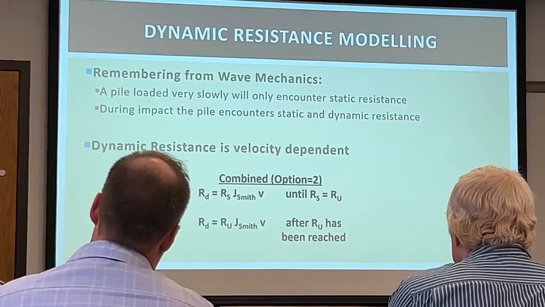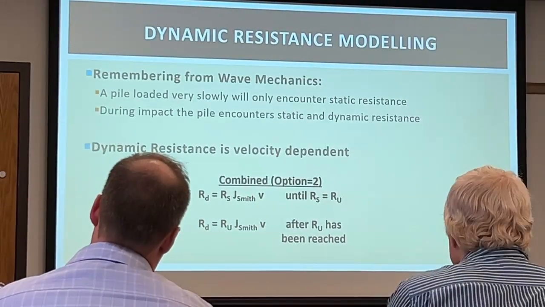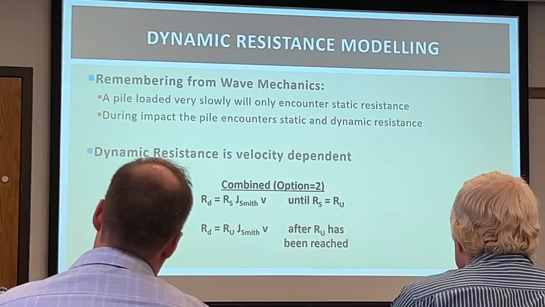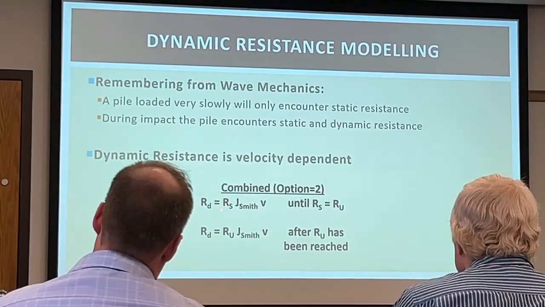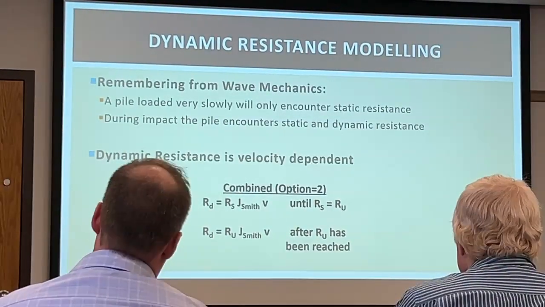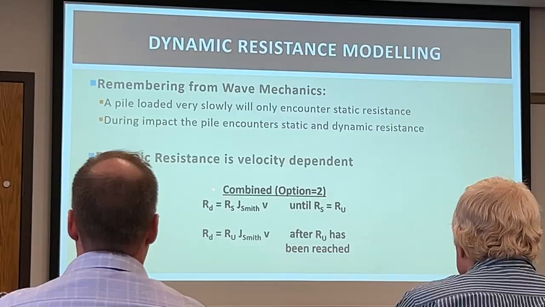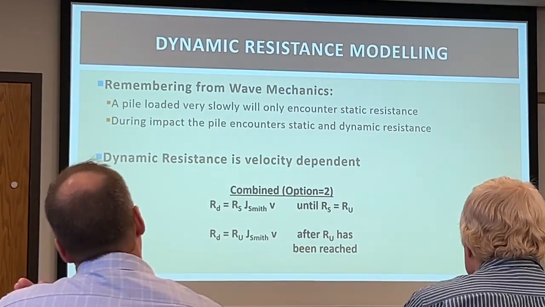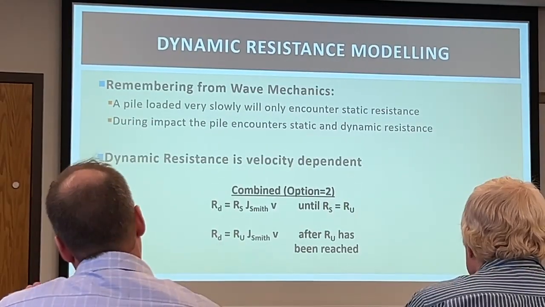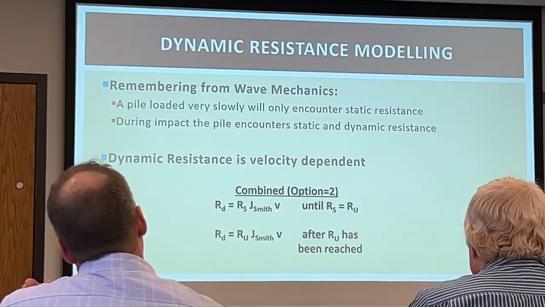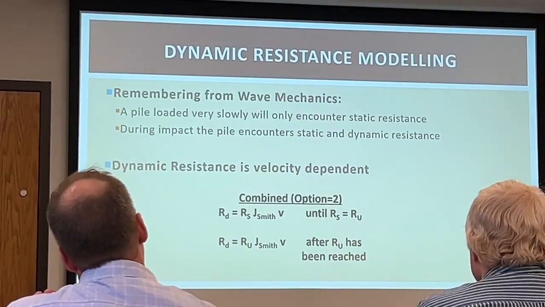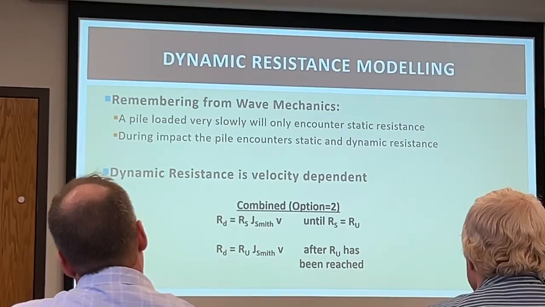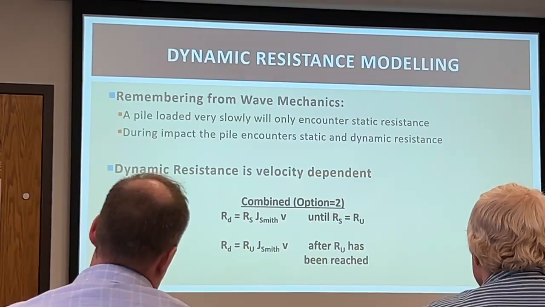And instead of relating a velocity to the pile's impedance and a damping factor, the Smith model related it to the static resistance. So here the dynamic resistance is the static resistance that has been mobilized up to that point, times a damping factor times the velocity of that particular pile segment. So it could be along the side of the pile or it could be at the bottom. They can all be different, unlike the Case method.